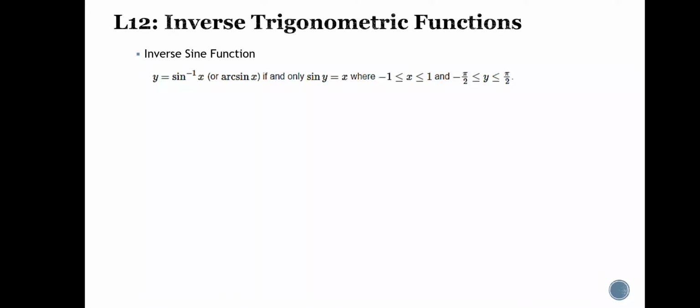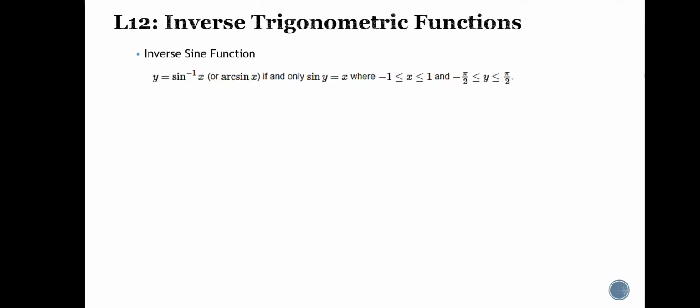Or we could say that we can only get arc sine of x if x is from negative 1 to positive 1 and y is from negative 90 to positive 90 degrees. So take note that negative pi over 2 is negative 90, and pi over 2 is 90 degrees.